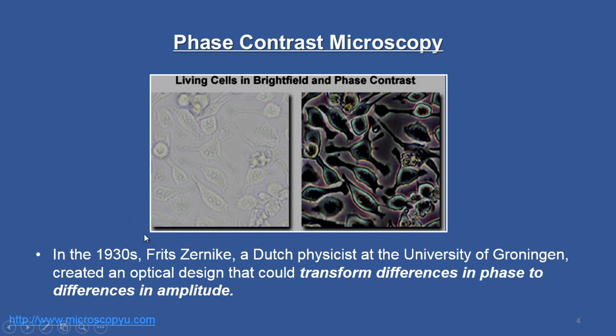A brief introduction: in the 1930s, Fritz Zernike, a Dutch physicist at the University of Groningen, created an optical design that could transform differences in the phase to differences in amplitude.